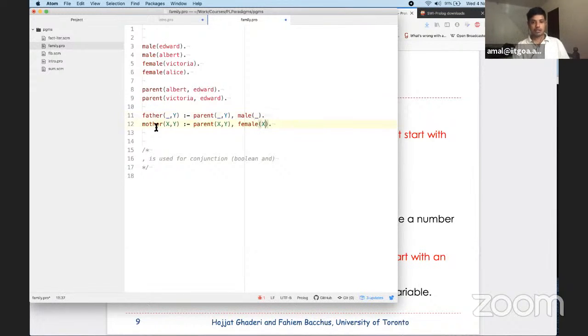If I use this, then these underscores need not be the same value. I hope it is clear. If it is not clear, don't worry. That will be clear as we move forward.